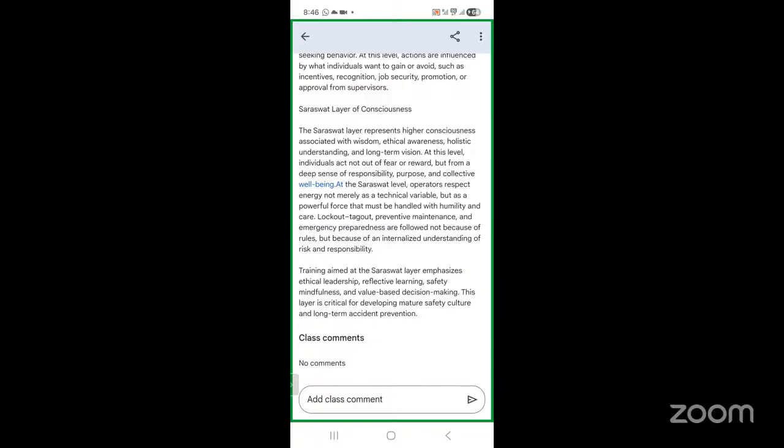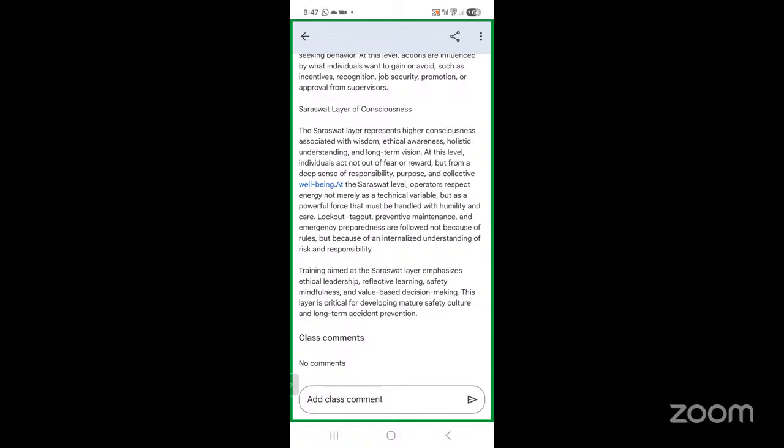And when you find workers who repeatedly try to get promotion, any reward, etc., they are basically Rag layer persons. And at the Saraswat level, operators emphasize reflective learning, safety mindfulness, and value-based decision making.